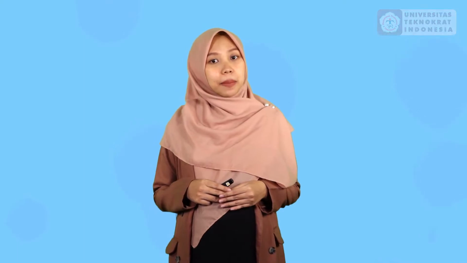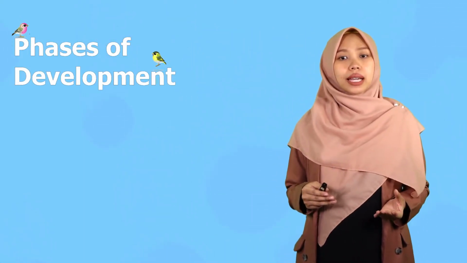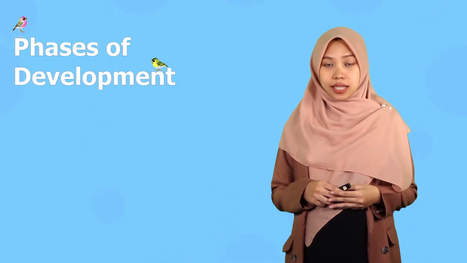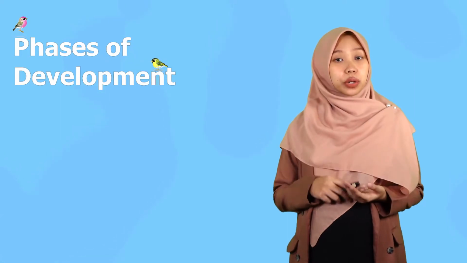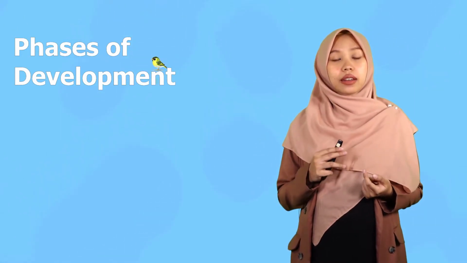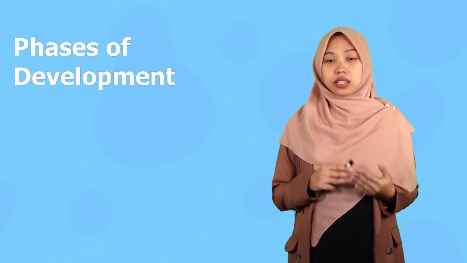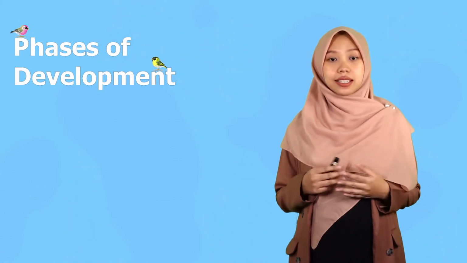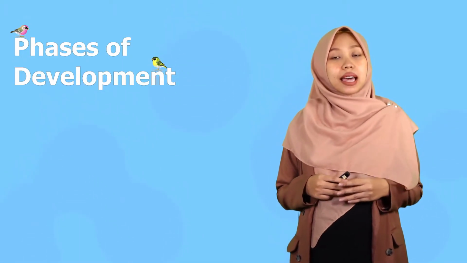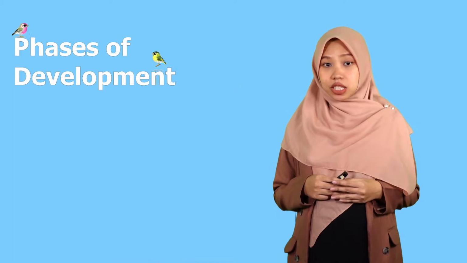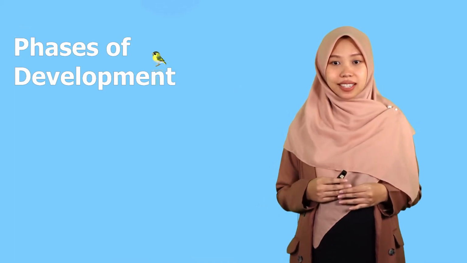When we are talking about the phases or stages of development, we probably find different numbers of stages. Perhaps you have 3 stages like childhood, adulthood, and old age, or maybe 4 stages like infancy, childhood, adolescence, and adulthood. But here, I will classify this development into several stages according to several experts that I have already summarized.